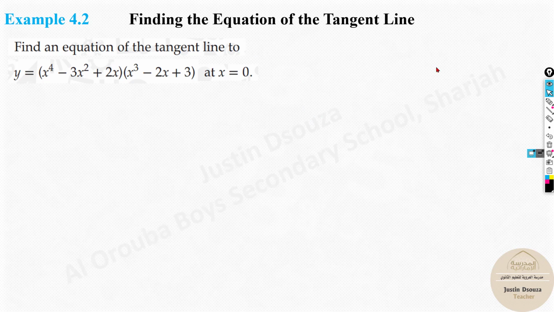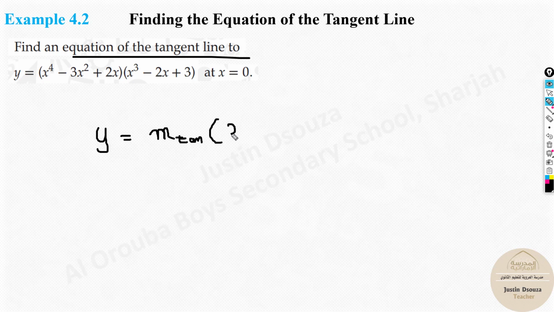Now here, I will tell you a few things. The equation of the tangent line is always given as y equals m tan, where m tan is the slope of the tangent, multiplied by x minus x naught, plus y naught.